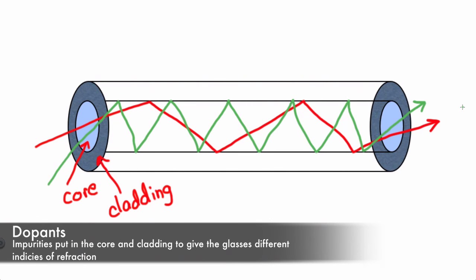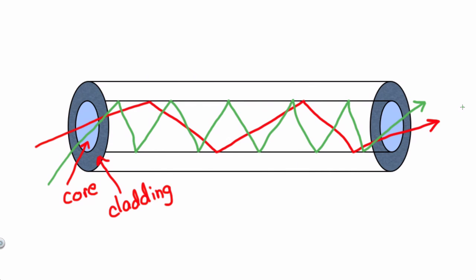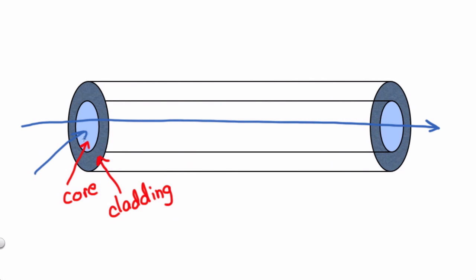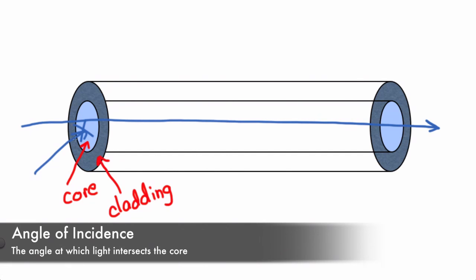But if we have higher manufacturing tolerances, and we can have a smaller diameter, if the core is smaller, it could be so small that we would only have room for 1 mode. In that case, our mode of propagation could only go down the middle of the core. The diameter is not large enough to allow light to enter at another angle. That's not going to work. A larger angle of incidence, as it's called, is not going to be supported.